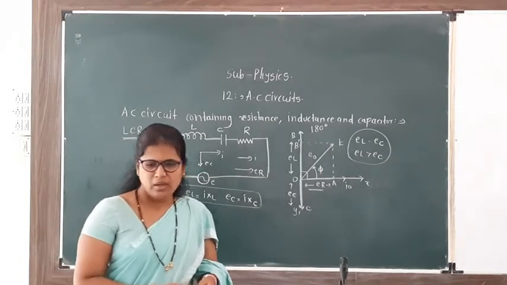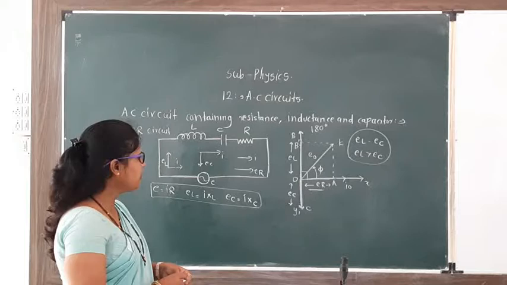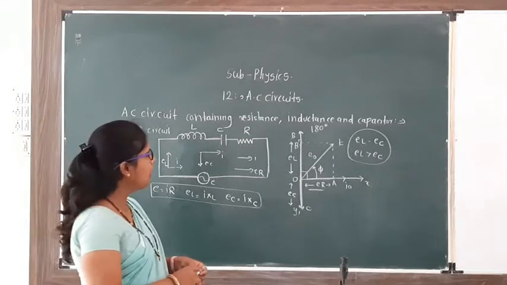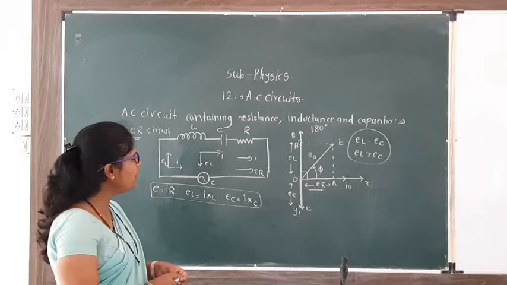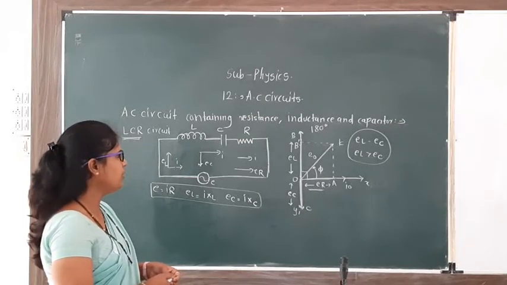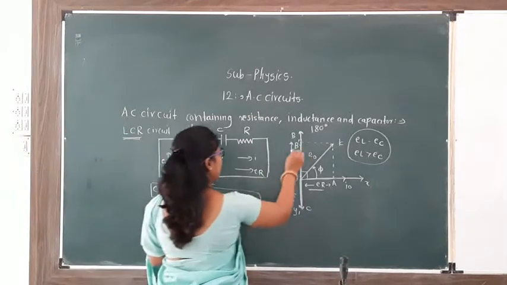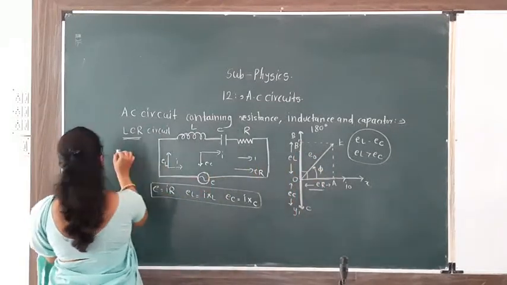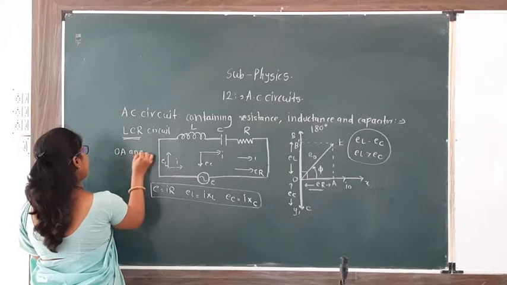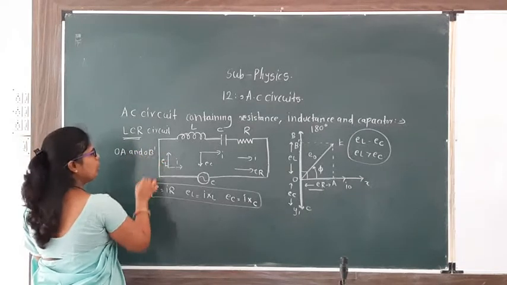Now the resultants are OA and OB dash, and the diagonal is OK.